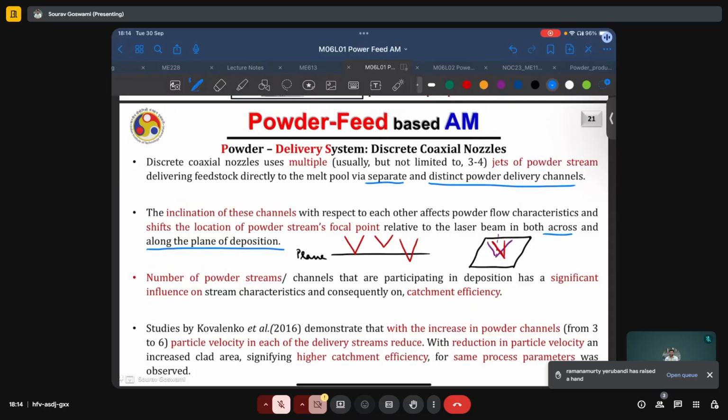And in this case, it is physically the ratio of the mass or amount of powder which actually gets deposited in the form of the bead compared to the total mass or amount of powder which was supplied by us.